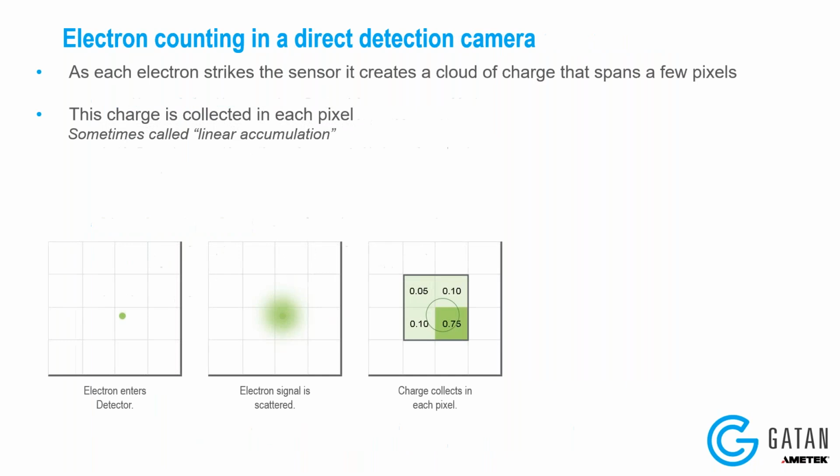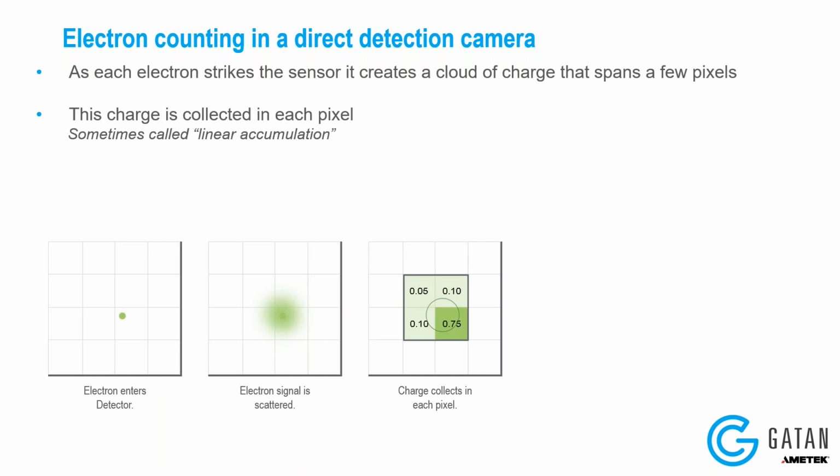So as each electron hits the detector, it creates a cloud of charge, right? And this varies from one electron to the next, but in detectors like the Metro or the K3 that have very small pixels, this will span several pixels. And this charge is then collected in each pixel to give you an image.